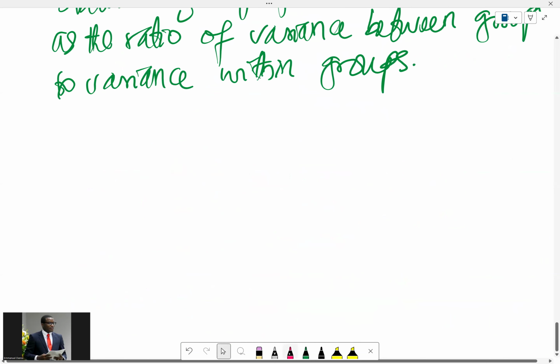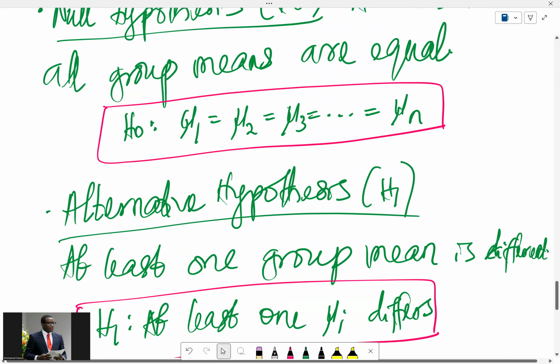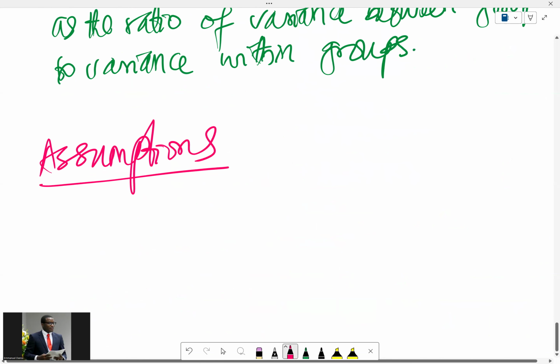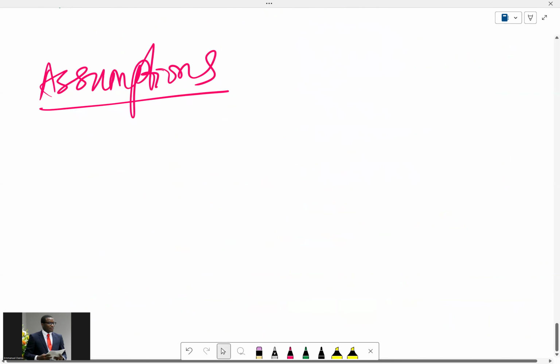Now, let's look at some assumptions of one-way ANOVA. Of course, all of these things are based on certain assumptions. The first one is independence of observations. I think that's fundamental.